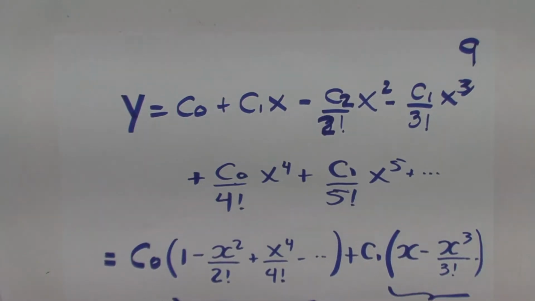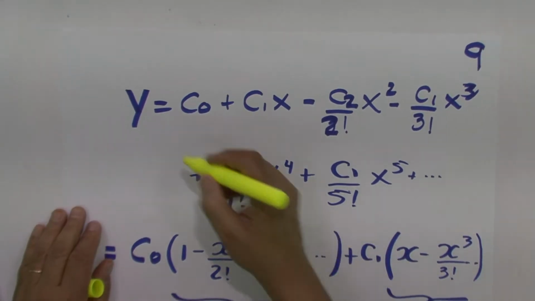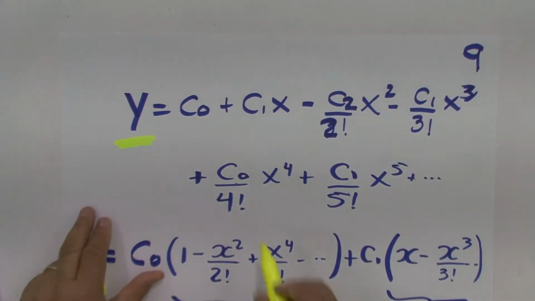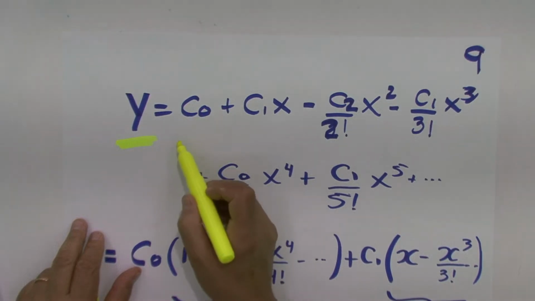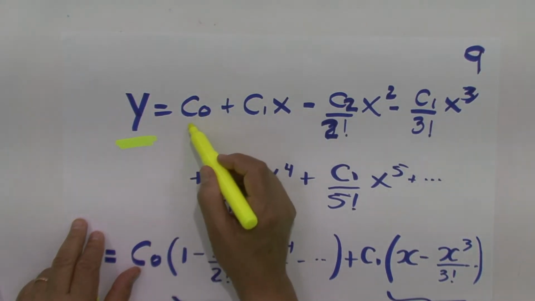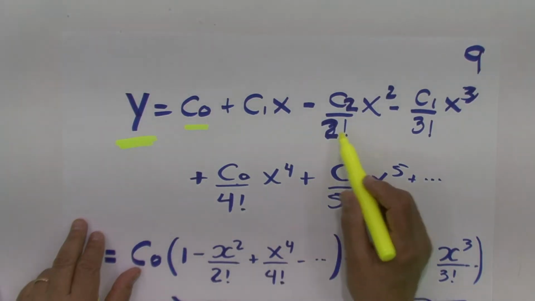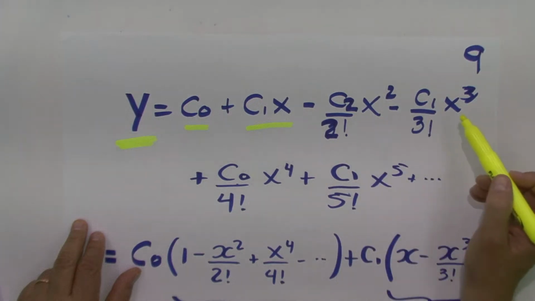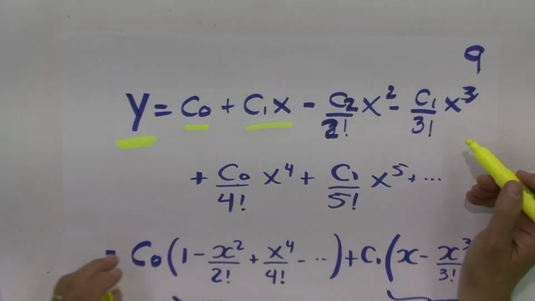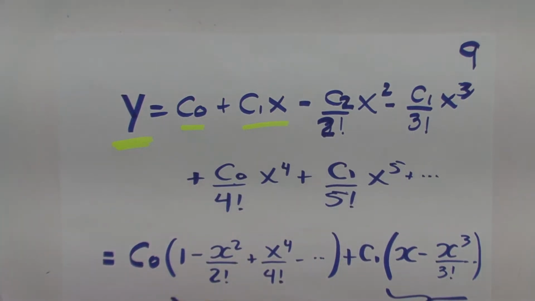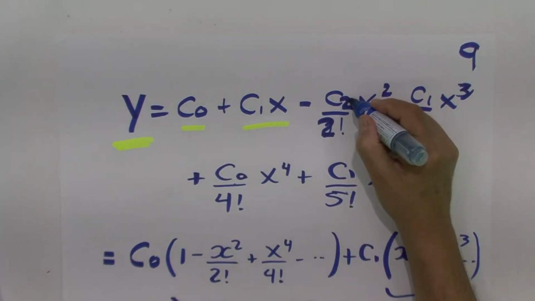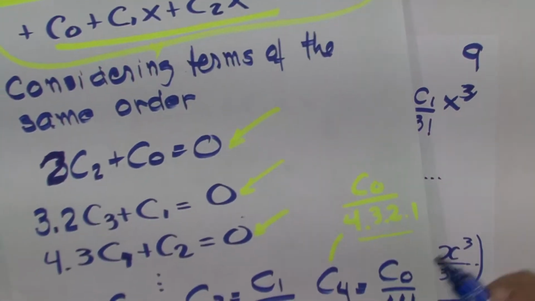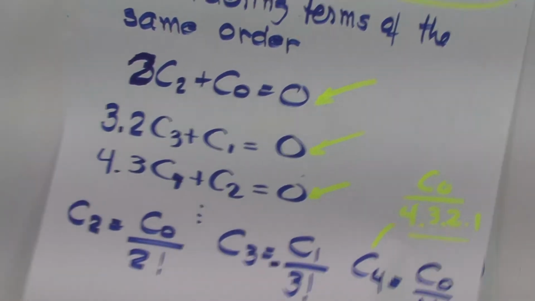When I put all together with the same mechanism that I already showed you, we find that the function y is equal to c0 plus c1x, and then all the other coefficients will be expressed in terms of c0 and c1. And here I put c2, but this is c0 divided by 2, because remember we determined that c2 is equal to c0 divided by 2.